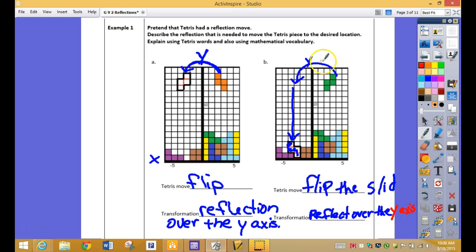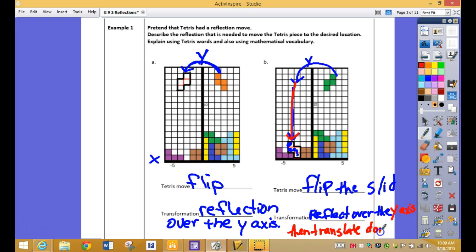No, because after I reflected it over the y-axis, what did we do yesterday? What's another word for slide? Translation. Then translate. Translate where? Down.